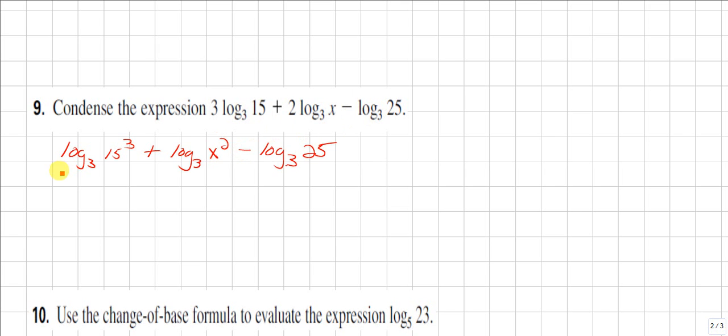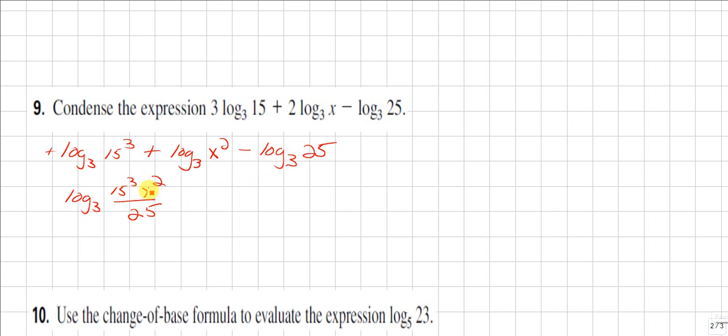Okay, now let's condense that part. The 2 that have plus signs in front of them are going to be numerators. So I have log base 3 of 15 cubed x squared, and then the subtraction one would be on the bottom.